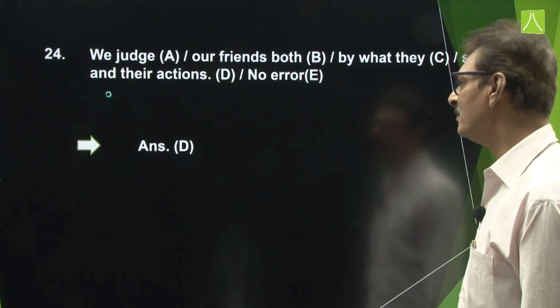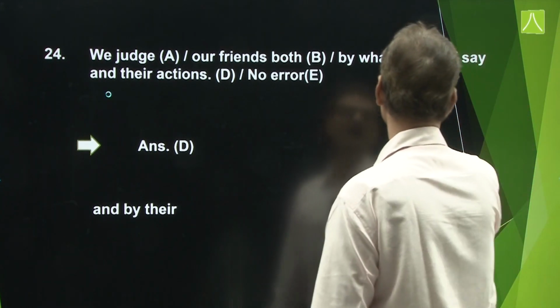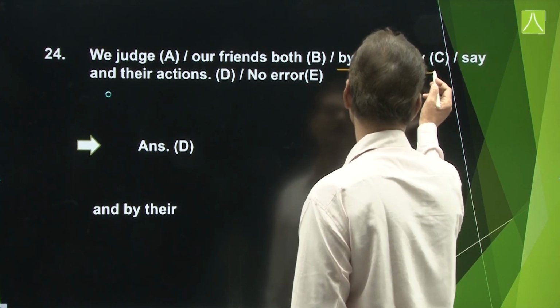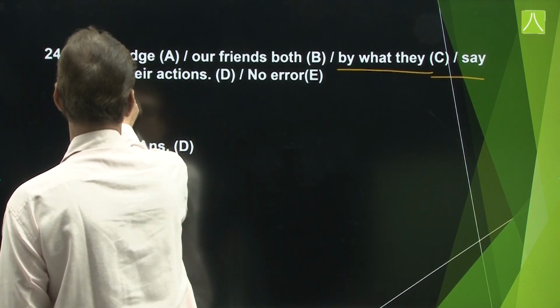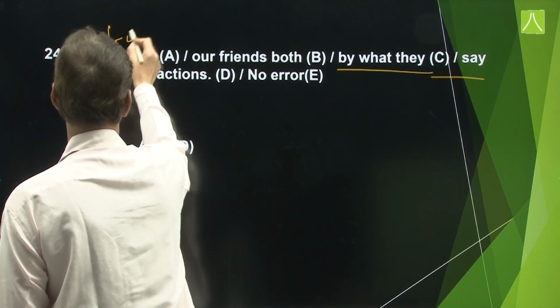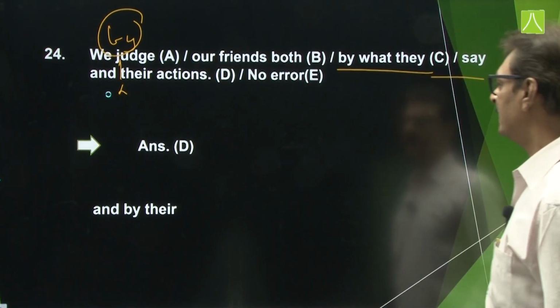Yes, the error is in part D and something is skipped over here. It should be by what they say and by their actions. So this word by should be used over here: by their actions.